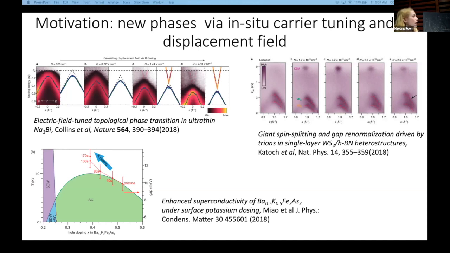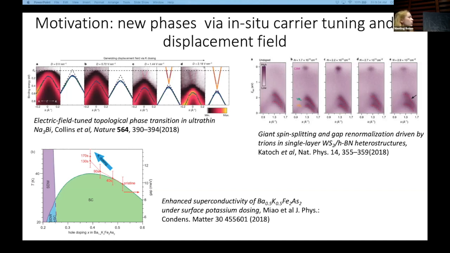Another example from the 2D materials world is this work, where in tungsten disulfide there is a band over here, which is split by spin-orbit coupling. With potassium dosing, they're able to enhance this splitting, implying an enhancement of the spin-orbit coupling.